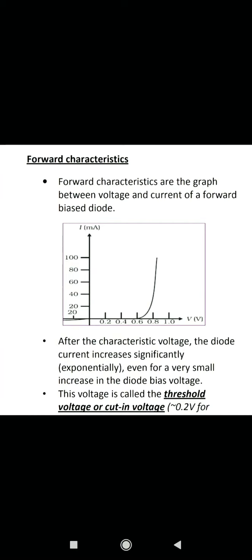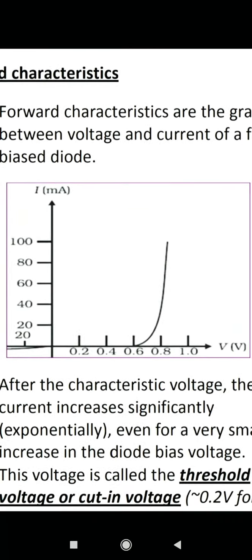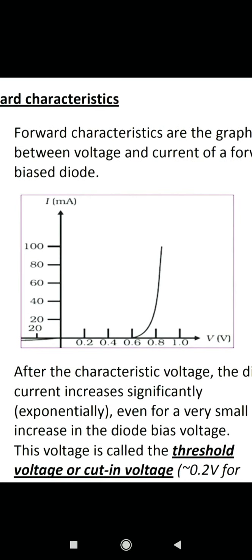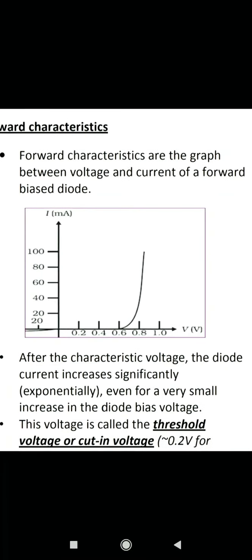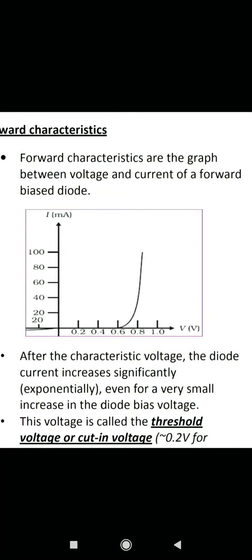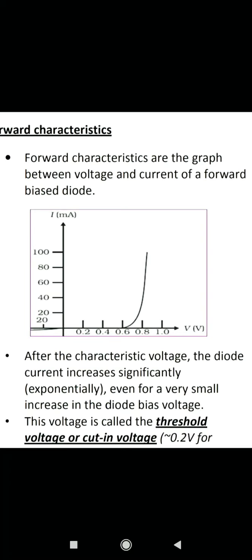Again, let's learn in detail about forward biasing, that means the VI graph of forward biasing. This graph we already discussed. Forward characteristics are the graph between voltage and current of a forward biased diode. Then we already discussed what is threshold voltage or cut-in voltage.